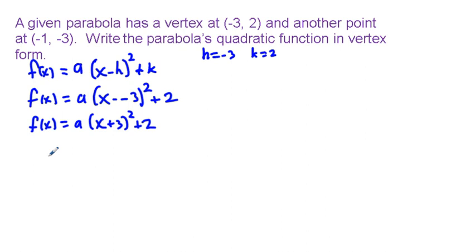So at negative 1, negative 3, we have negative 3 is equal to a, which we do not yet know, times x, which we do know, which is negative 1, minus negative 3, which is plus 3, squared, plus 2.